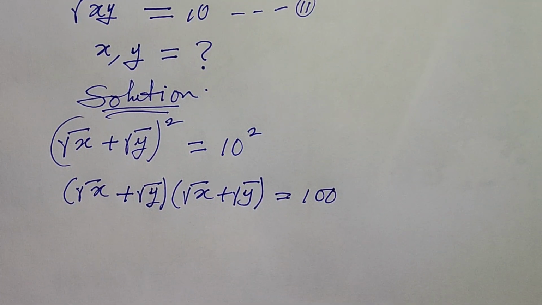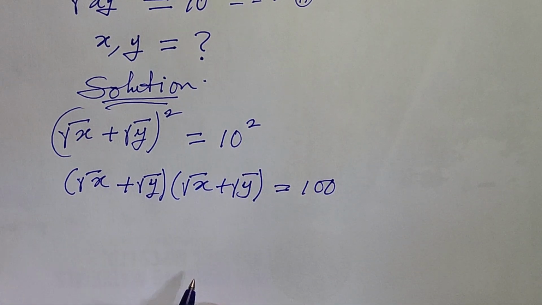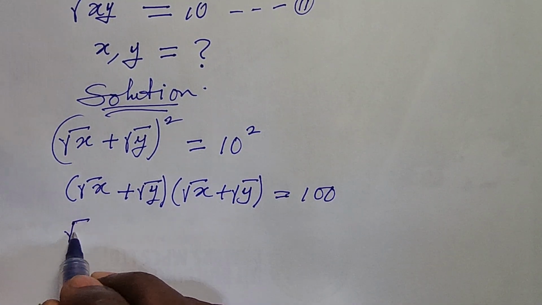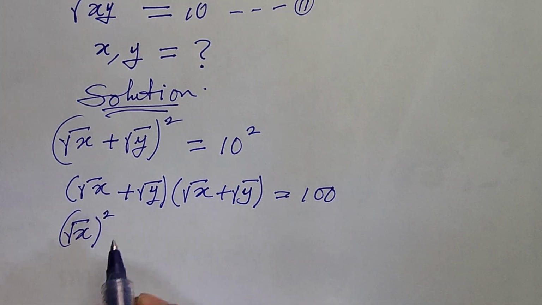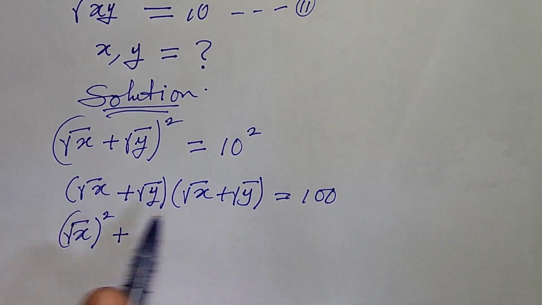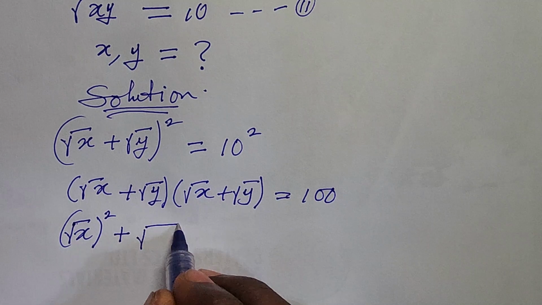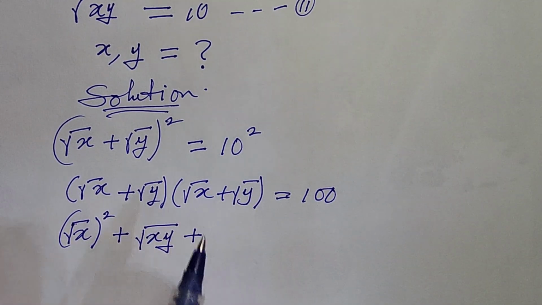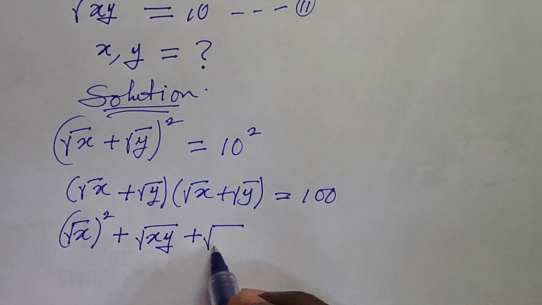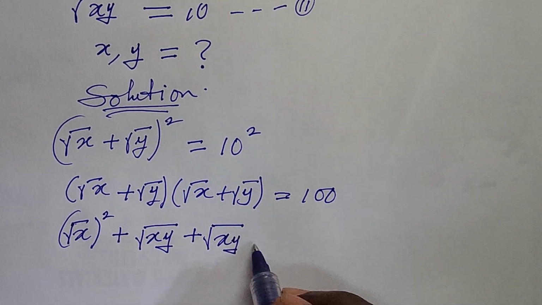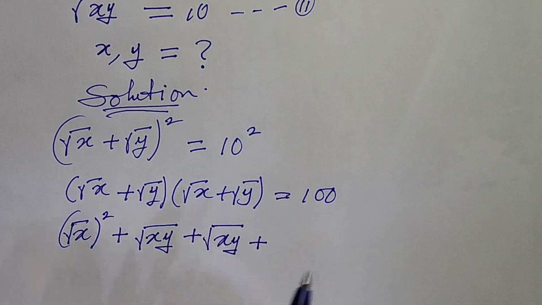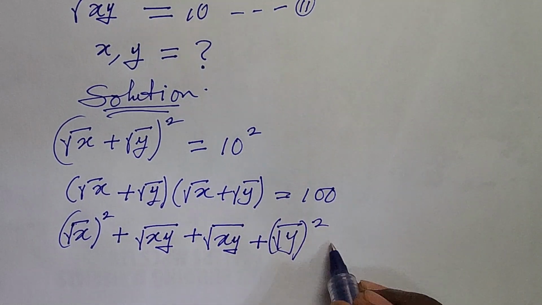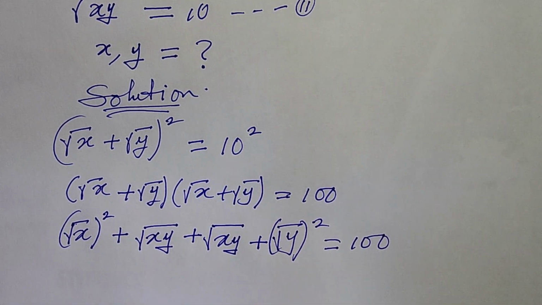This other side we don't have problem with. Let's open up these quantities here. So we times it to give us the square root of x all to the power of 2, plus square root of xy, plus we use this to times this to give us the square root of xy, plus we use this to times this to give us the square root of y all raised to the power of 2, equal to 100.